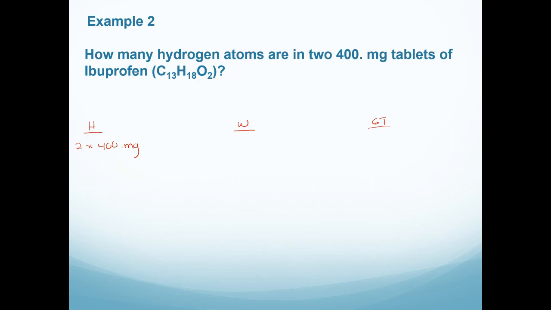So let's write C13H18O2. Okay, and since we're just multiplying that by 2, it's okay to just say that we have 800 milligrams total that we're starting with. What we want are hydrogen atoms.